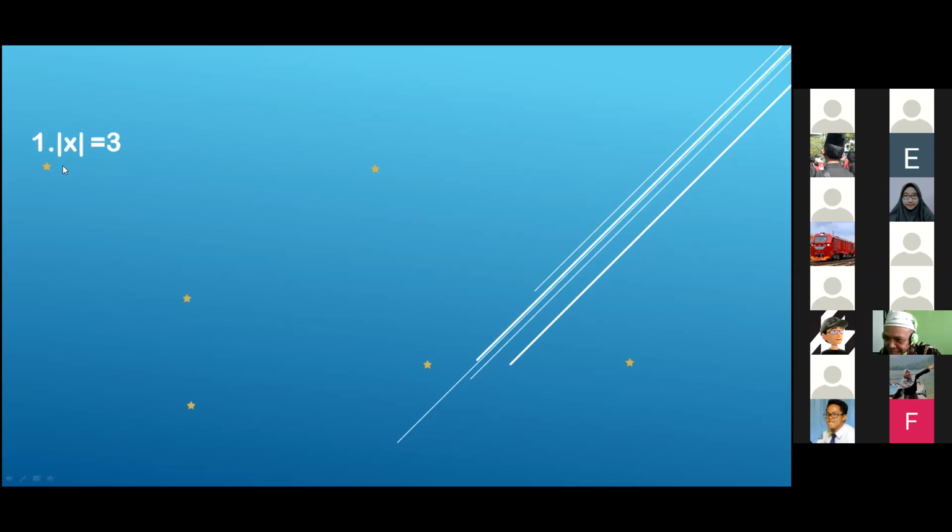Both of them. It may be negative or positive. If X is negative, X must be negative 3. If X is positive, X must be 3.